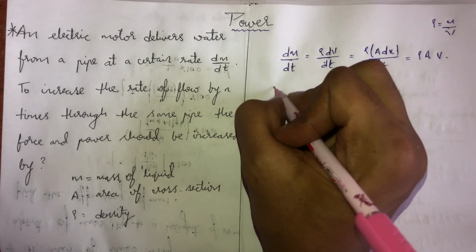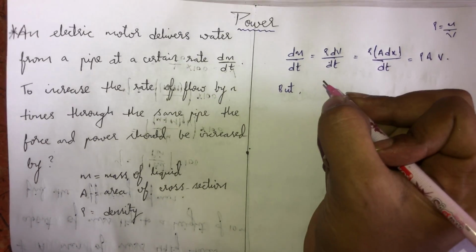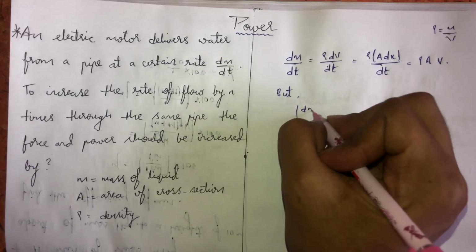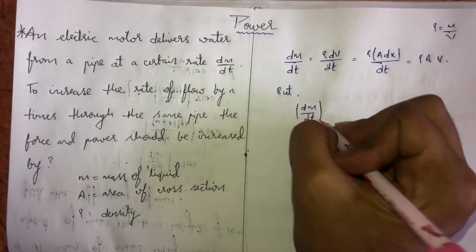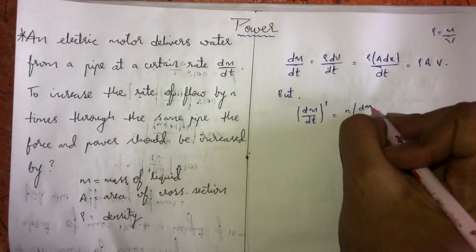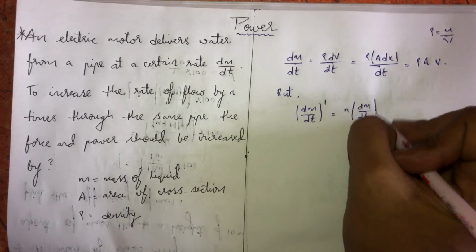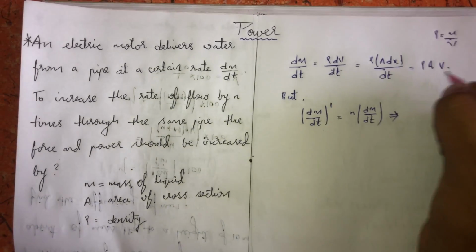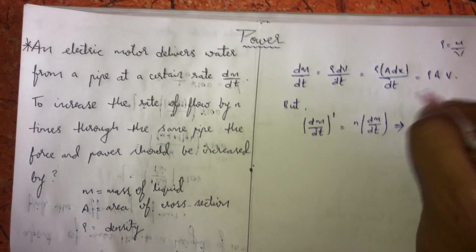Therefore density into rate of change of displacement by time, which is velocity, gives area into velocity. But they asked if the rate of flow is increased n times, then dm by dt will be equal to n times dm by dt. That is, the value of dm by dt is rho A v.